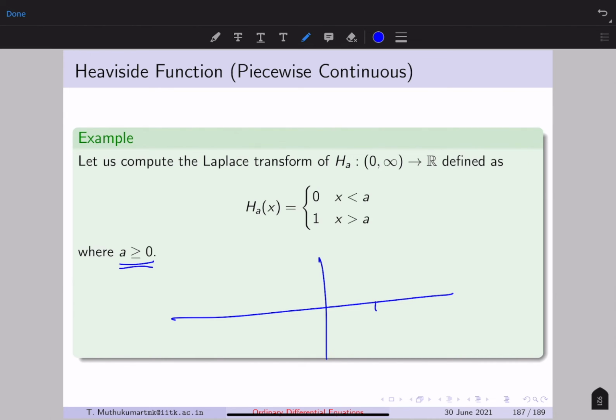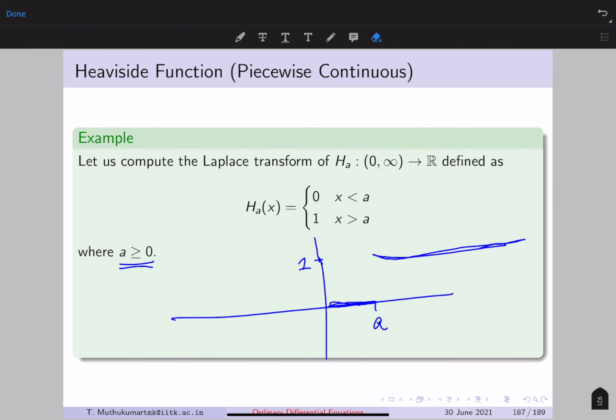And the domain of this is the positive real line, so domain is always the positive real line. For x less than a, the function is 0. And for x greater than a, the function is 1. So this is a piecewise continuous function, right? Step function. Okay, this is the Heaviside function.